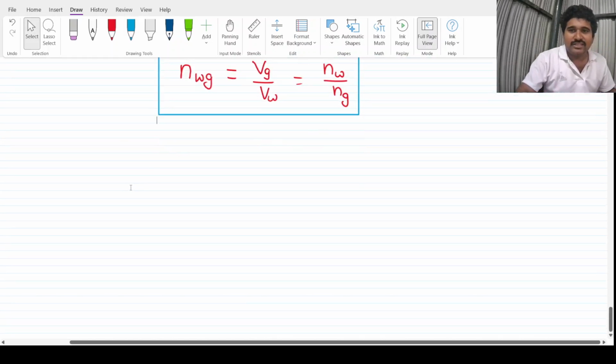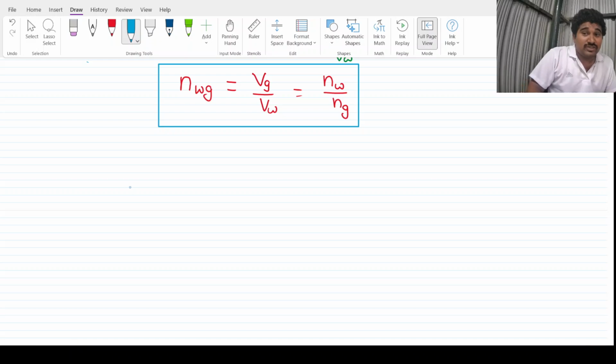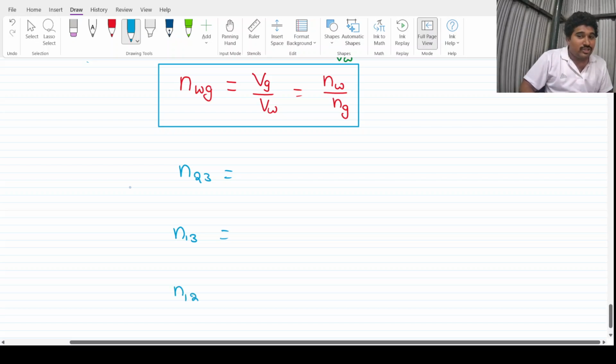Okay. Then suppose, Sanjeev, if I want to write N23, what does N23 mean first? Refractive index of medium 2 with respect to medium 3. What about N13? Refractive index of medium 1 with respect to medium 3. What about N12?